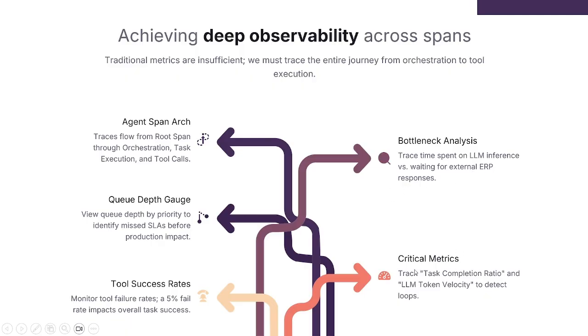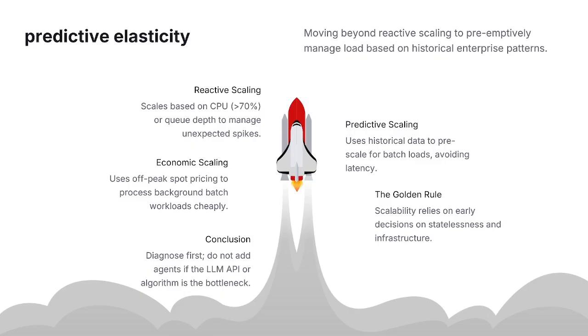And then collect critical metrics like task completion ratio and LLM token velocity to detect loops in the system. And then we go to section 6.7, where we discuss performance bottlenecks.